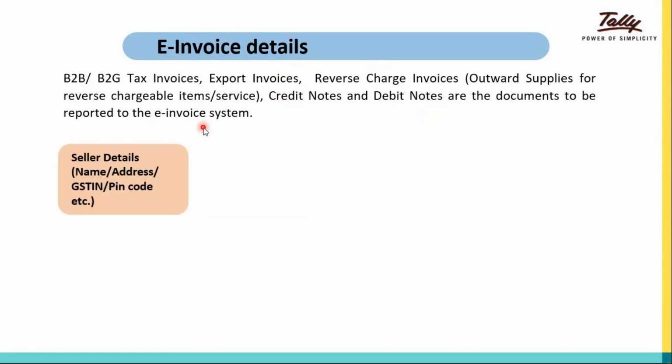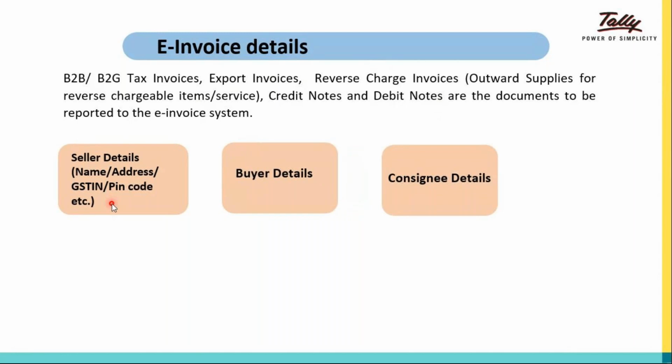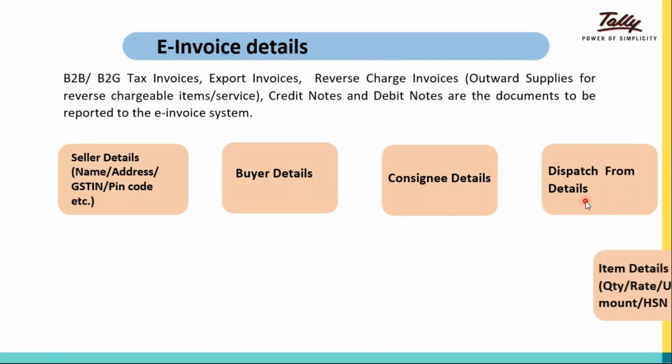So now we will see what are all the things that will actually be on the invoice or your e-invoice. Seller details, the name, the address, the GST of the seller, all those things. Buyer details. Then if transportation is happening, you will have the consignee details, that means the person who is receiving the goods. Then the dispatch from details, that means from where the goods are being shifted.